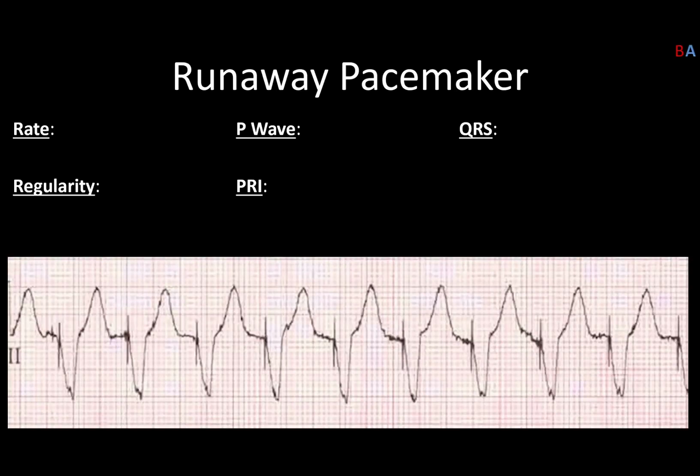Continuing on, runaway pacemakers, another malfunction that can occur. Thankfully, because pacemakers are smart devices, this happens less often than it used to, but it's still something that does come through hospitals every now and again, or clinics for that matter. Runaway pacemaker. This is a short strip. It's not a full 6 seconds, but it's nice and regular, so the event is what we're looking at more than anything.